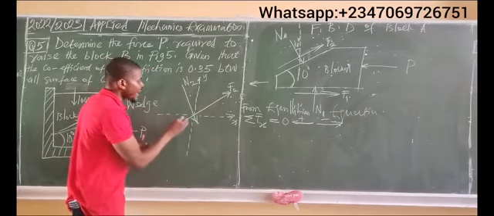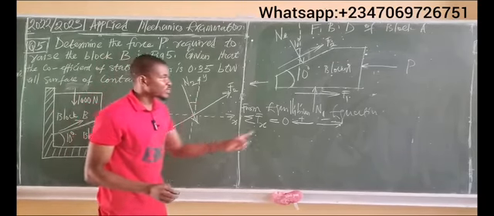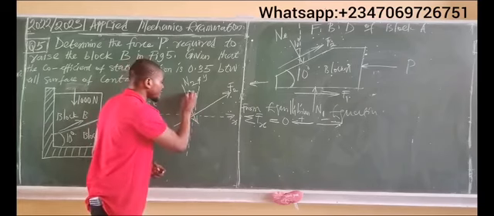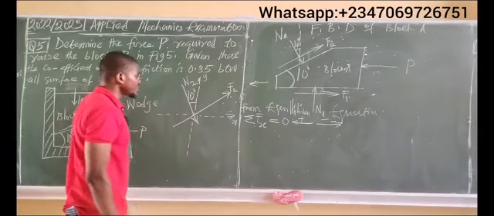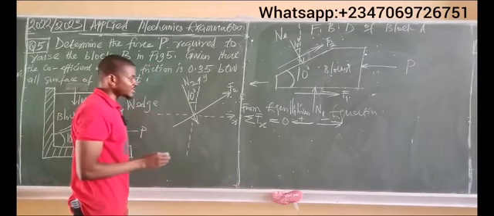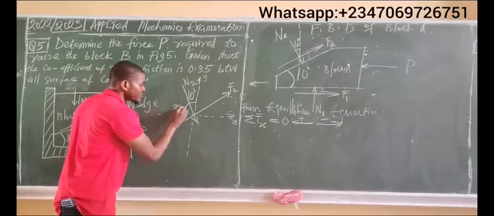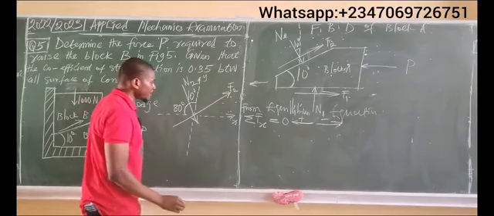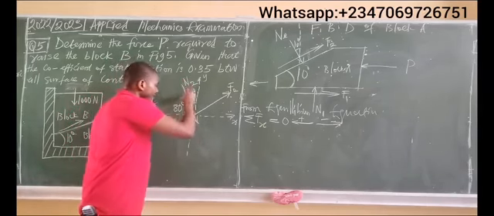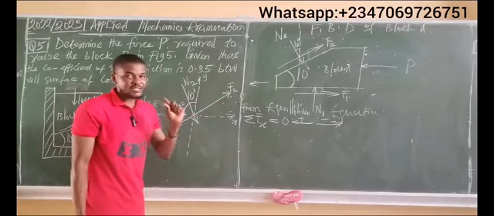Then I said the angle between the normal reaction and the vertical line is always taken as the angle of inclination, 10 degrees. So indicate that 10 degrees. If here is 10 degrees, remember the angle of the quadrant is 90 degrees. That means from here to here alone is simply 80 degrees. Similarly, the normal reaction and the frictional force always make an angle of 90 degrees to one another.